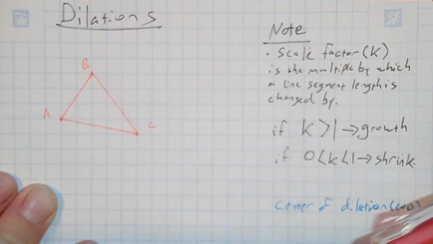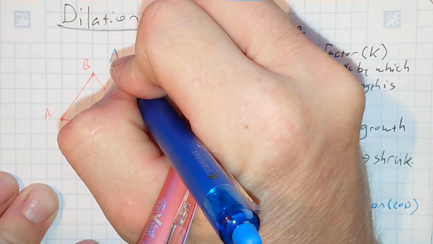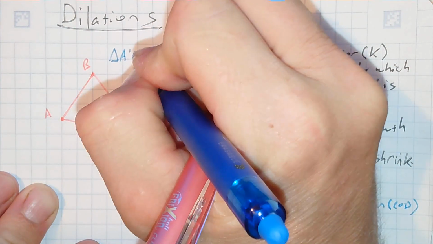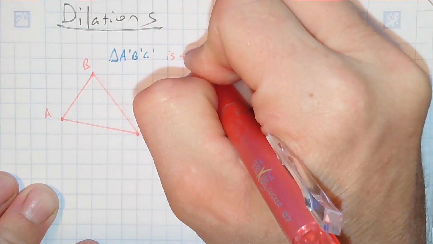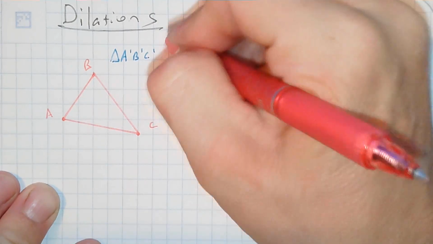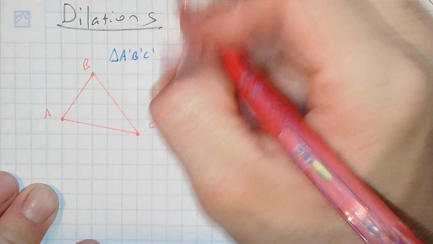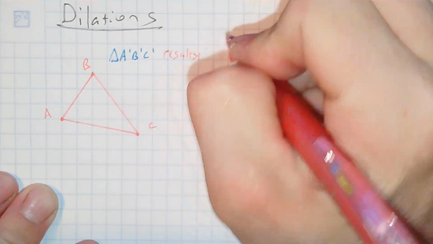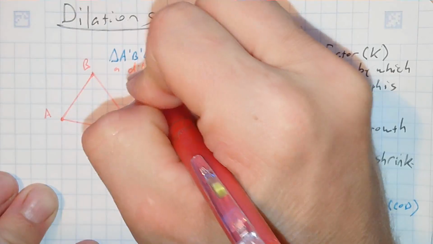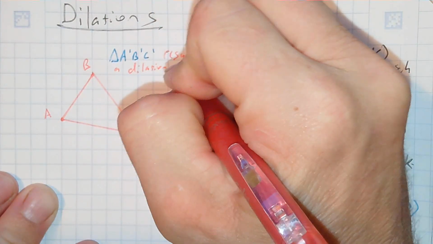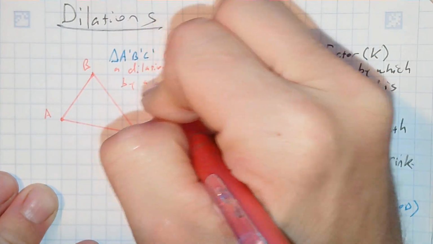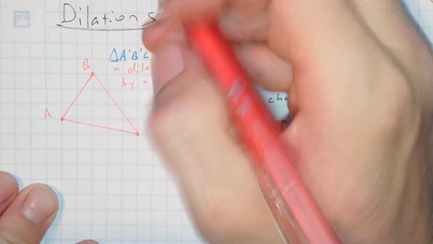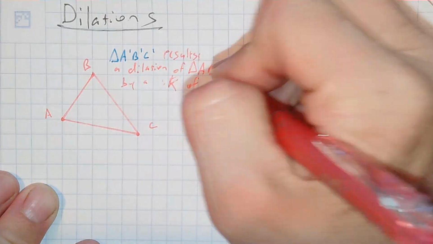We'll say that triangle A prime B prime C prime results from a dilation of triangle ABC by a scale factor, we'll just say K, by a scale factor of 2.